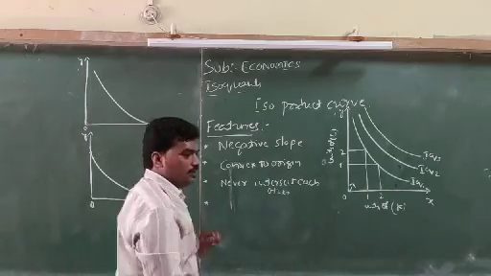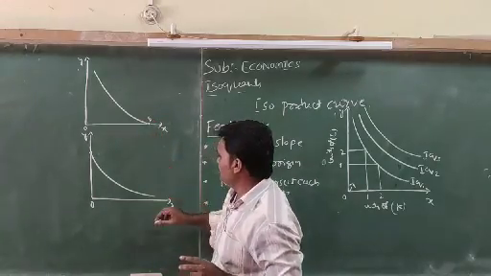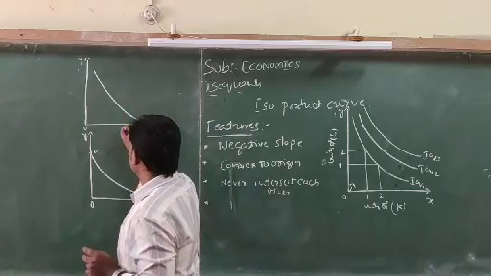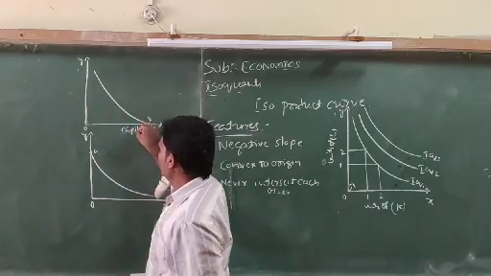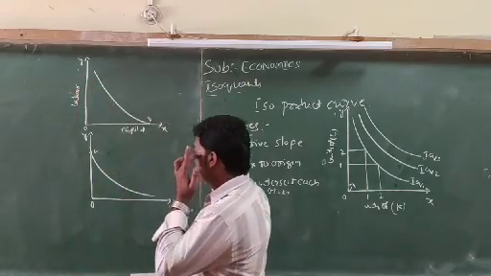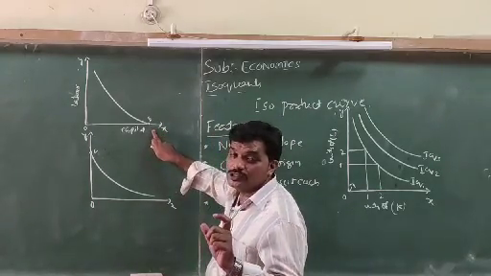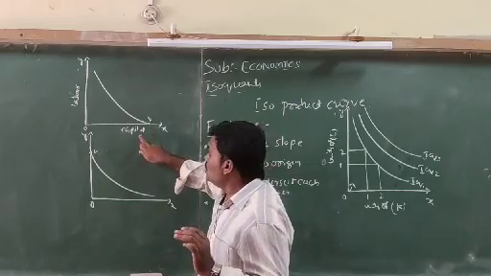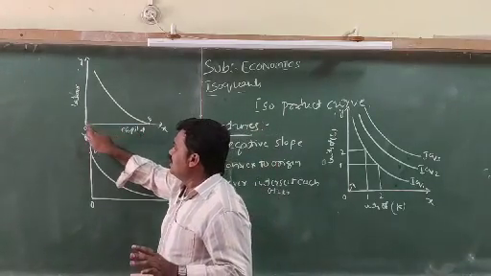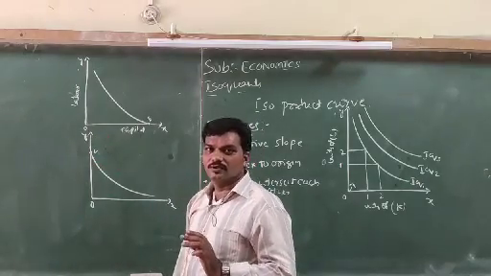Because observe here, in these two diagrams, this is combination B and this is combination C. This is units of capital, and this is units of labor. In this combination, the producer uses only capital, the factor of production, and the units of labor is 0.